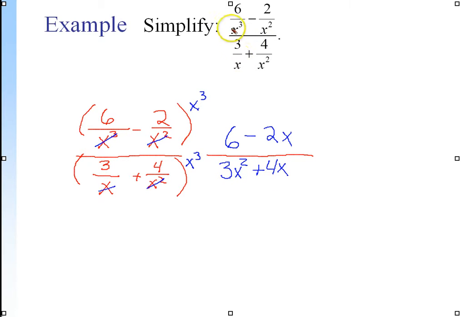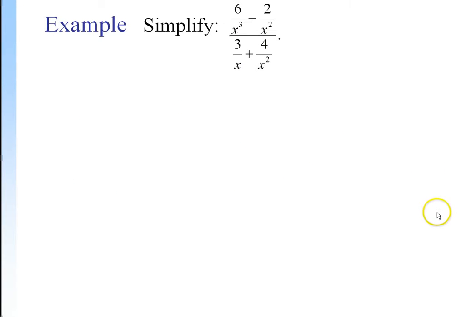So I didn't have to get common denominators here and convert it from division into multiplication. This is a much shorter method where in one swoop we get rid of all our fractions. Now we could factor out a 2 here, but you can't do it down there, and this, I believe, is the answer.